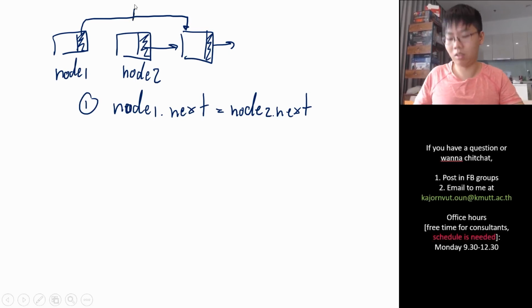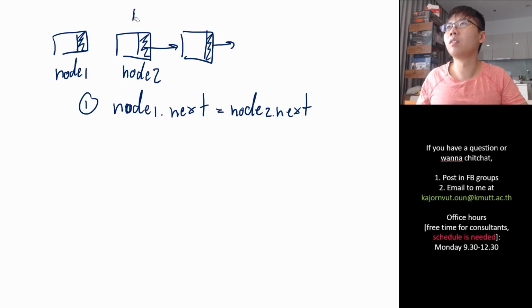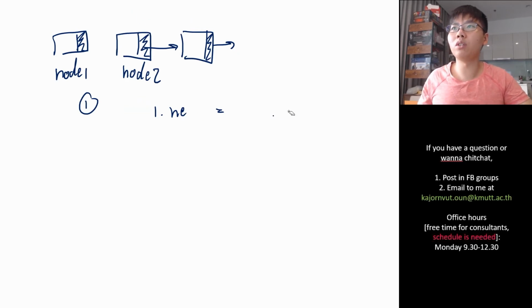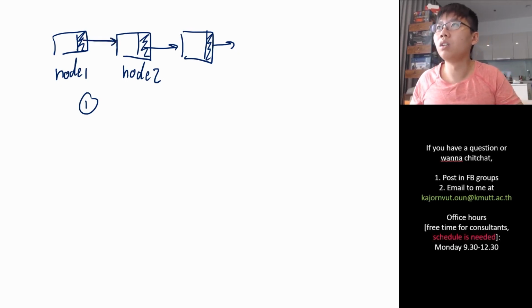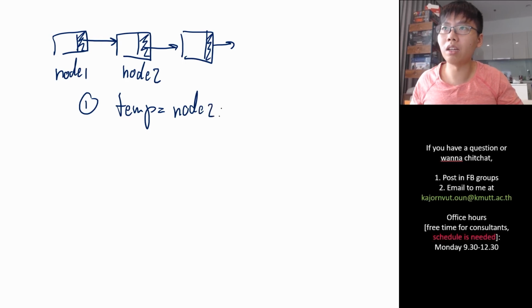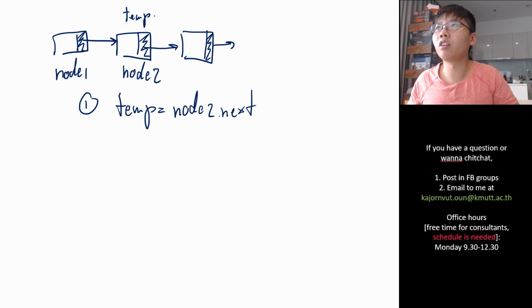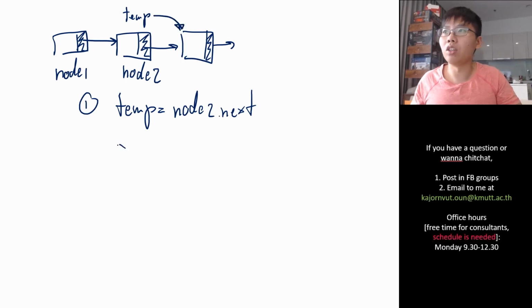Then what you should do is use a temporary pointer to point to the last node first. So you need to create temp equal to node 2.next, right? Now you have temp pointing over there, and then you delete node 2.